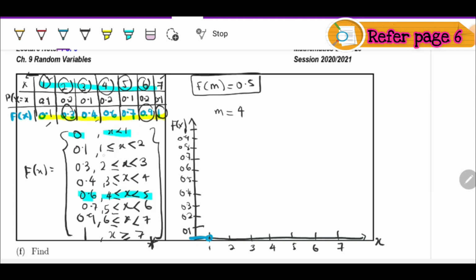When x is from 1 to 2, the Fx is 0.1. So then a circle for 1 and an empty circle for 2.